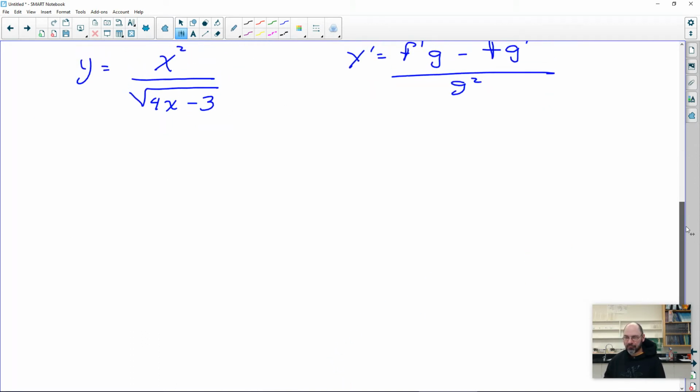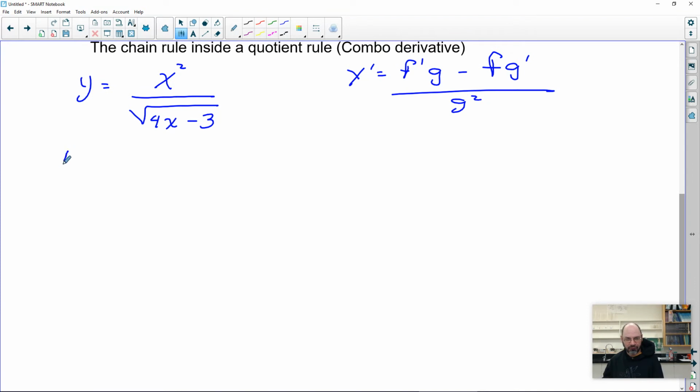So let's go ahead and apply what f and g are. So if we go f is equal to x squared, f prime is easy enough. There's no chain involved in this one, just 2x. Okay, here's where our chain comes involved.